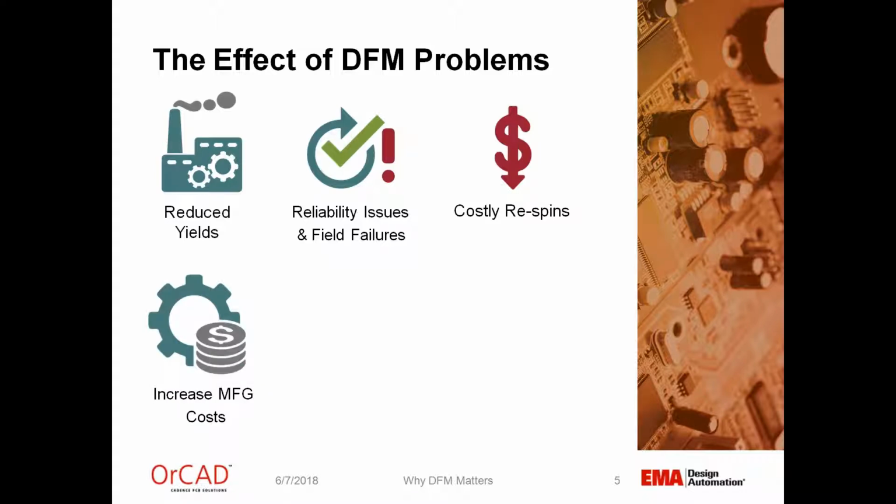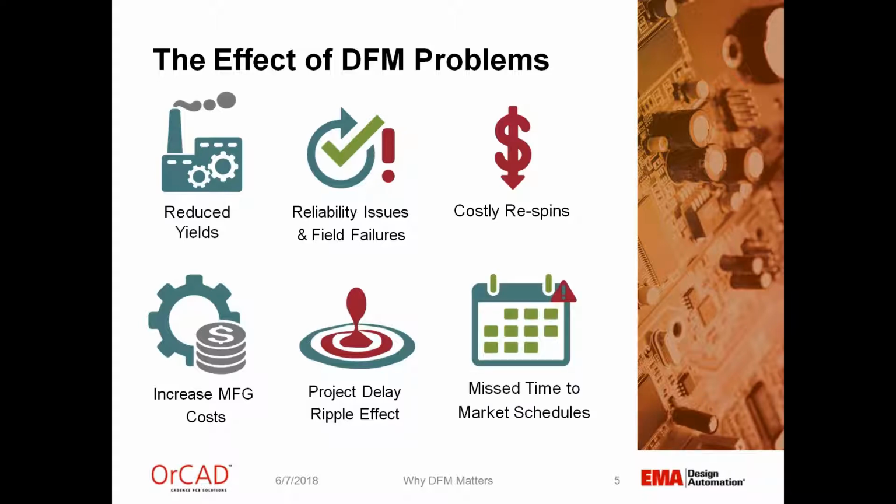It can increase my manufacturing costs if they have to adjust or do certain things that will cause a premium charge to be incurred on the project. It can also have a ripple effect by delaying my project. If this is one board of multiple boards in this project and this one's delayed, it affects everything. And last, it also causes me to miss my time to market schedule.